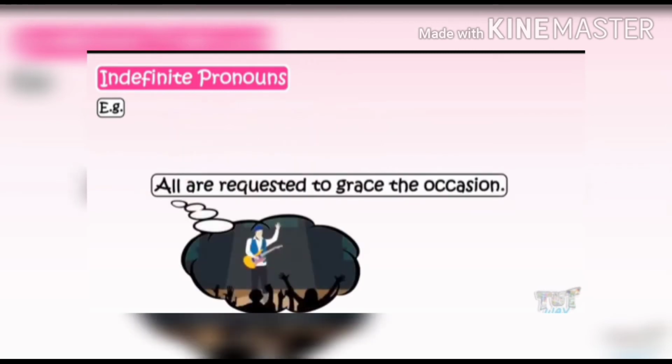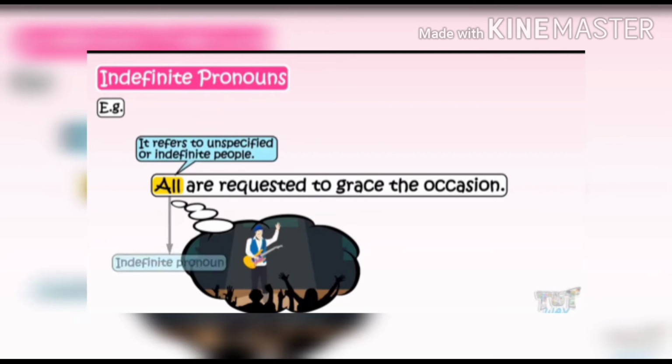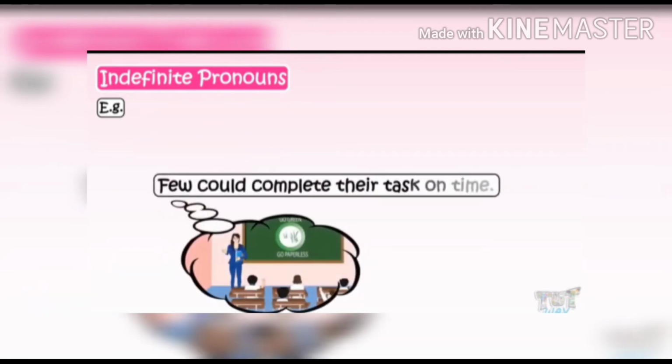All are requested to grace the occasion. Here, the pronoun all is referring to unspecified or indefinite people in the sentence. So, it's an indefinite pronoun. Few could complete their task on time.